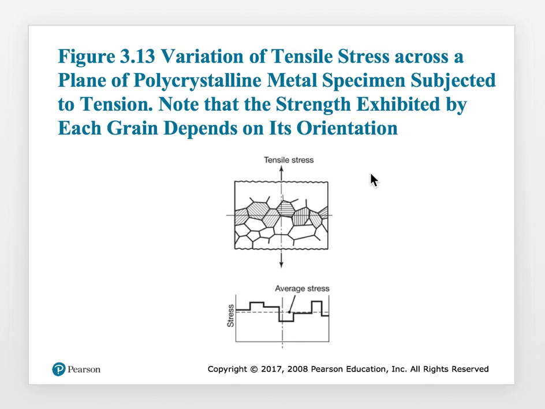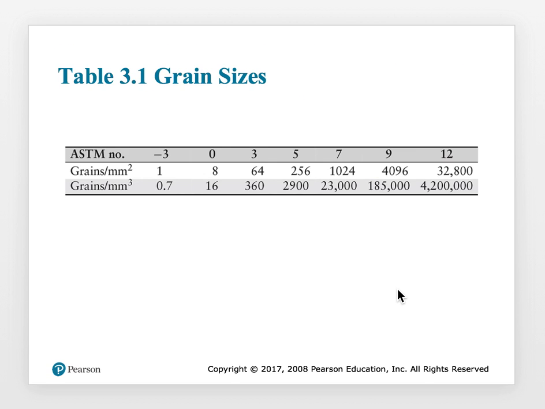So if you have an average size of grain that is pretty similar in a very narrow band of sizes, then the stress required in order to move these atoms is going to be dependent on the orientation. But it is going to be an average stress required for that. Okay, so it is also going to be dependent on the grain size.